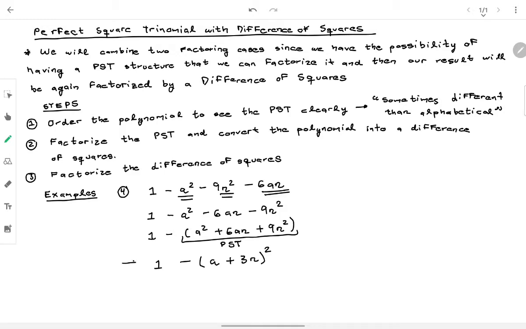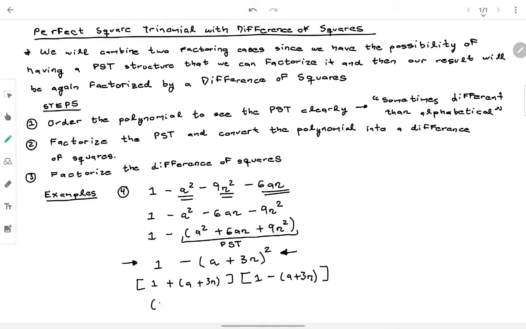So we can do now a difference of squares. So I will open up two brackets in this case. It's going to be 1 plus a plus 3n, and in the other one is going to be 1 minus, remember the one that is minus, it's positive on one parenthesis and negative on the other one.